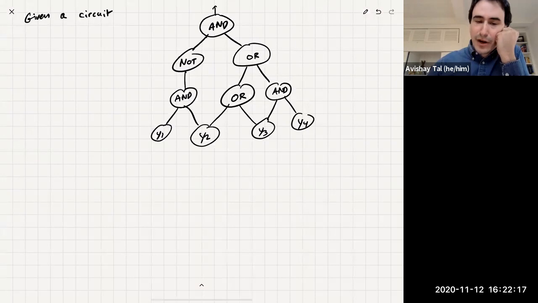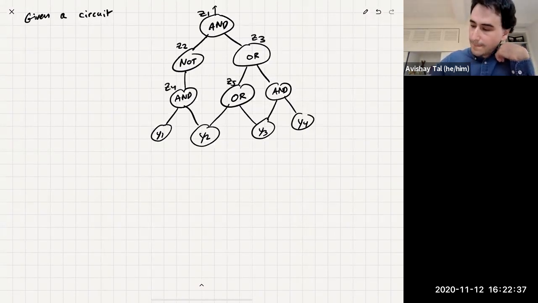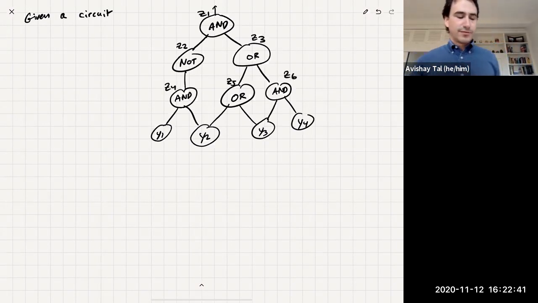And what would be these variables? They would correspond to each of the gates. So let's call this variable Z1. This would be the value of this output gate. Z2 would be the value of this NOT gate. Z3 would be the value of this OR gate. Right, so we have 6 gates, so 6 variables.